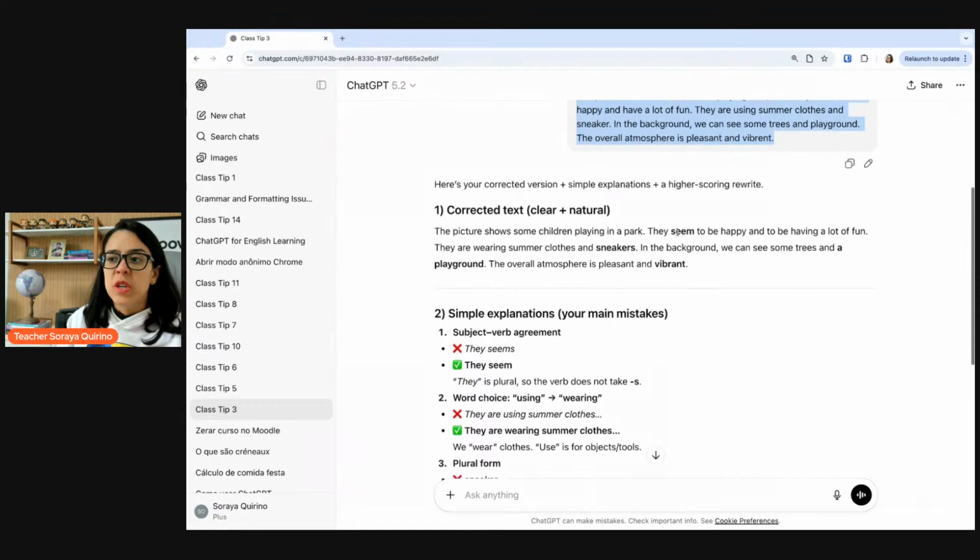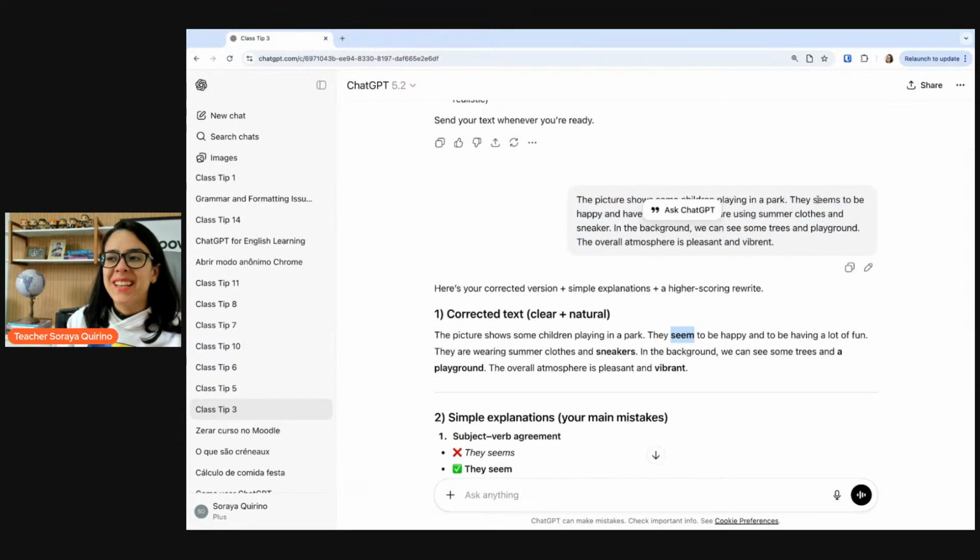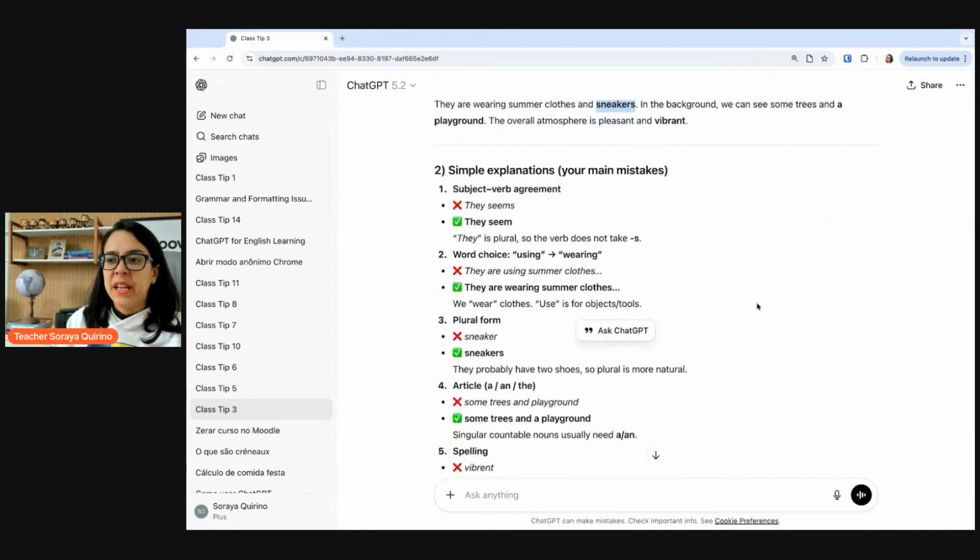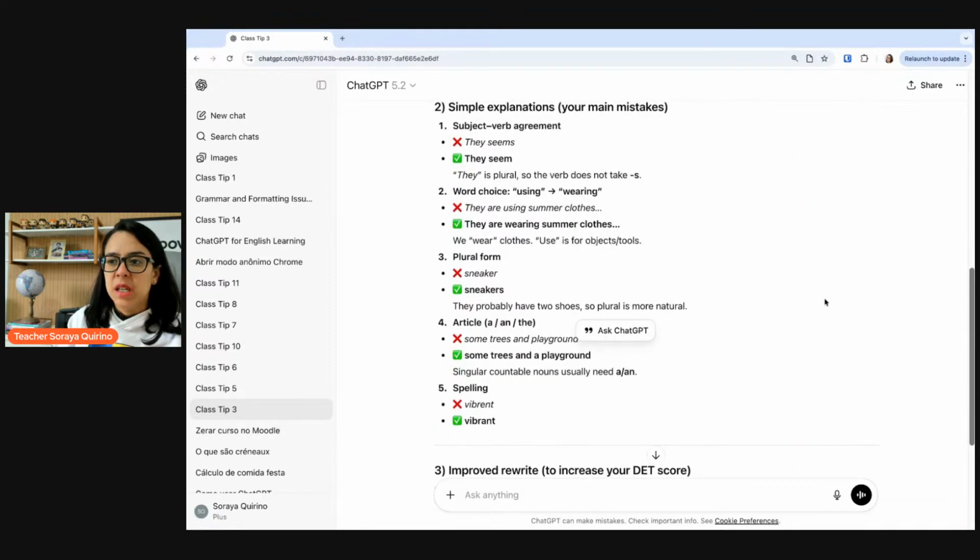Okay, so it is correcting my mistakes. I wrote "they seems," it corrected. I wrote "sneaker," and here it is explaining my mistakes. Okay, "they are using summer clothes." No, we don't use summer clothes. We wear summer clothes, right?